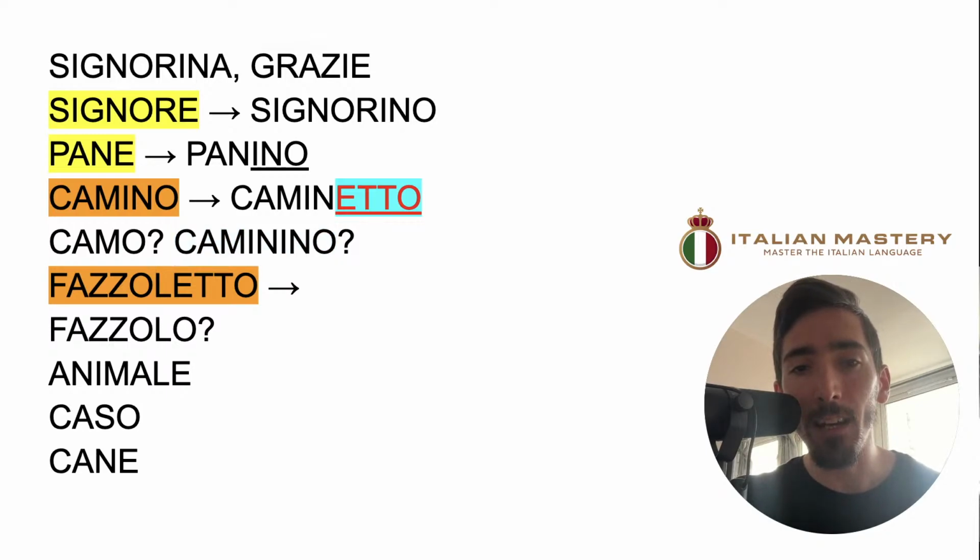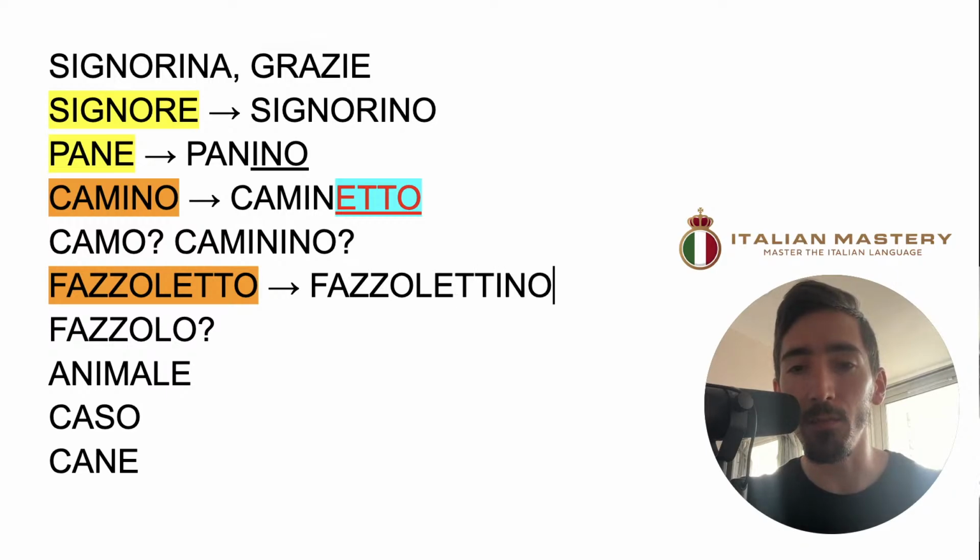Fazzoletto. Now, when we had camino, what we did was we added etto instead of ino. This word, it so happens, already ends in etto. So what do we do? We just add ino. Fazzolettino.